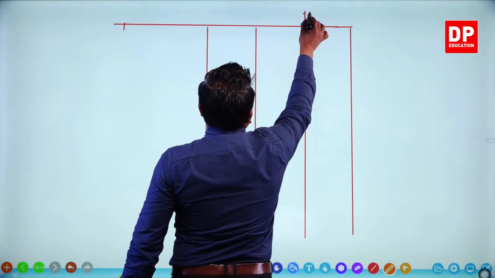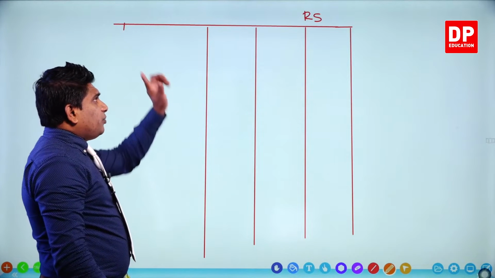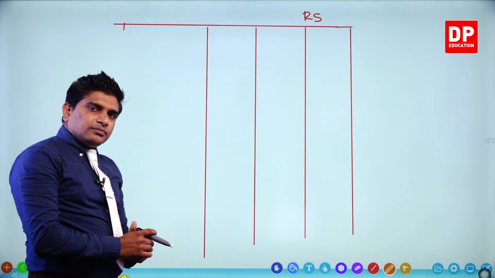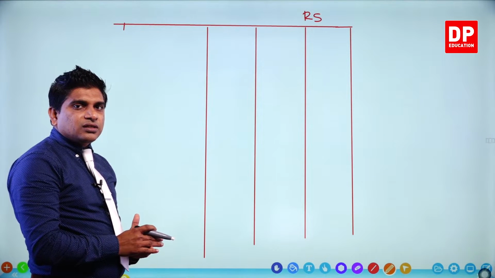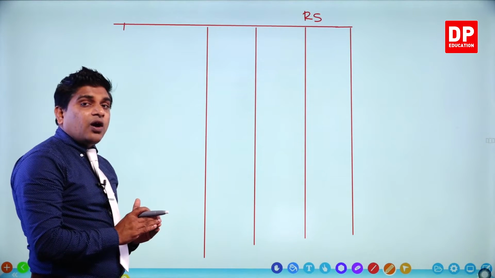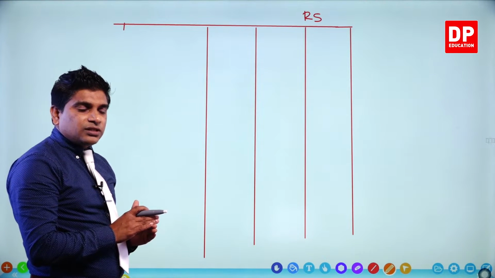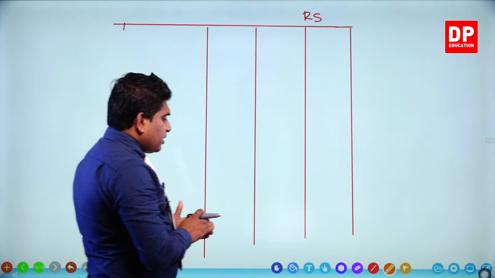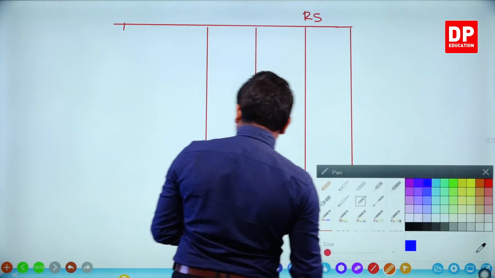On the top you write rupees. Actually, on the top you have to write the name of the business, name of the accountant, time period. Right? So you write name of the business. What is the business name?